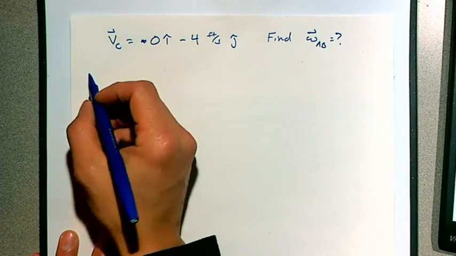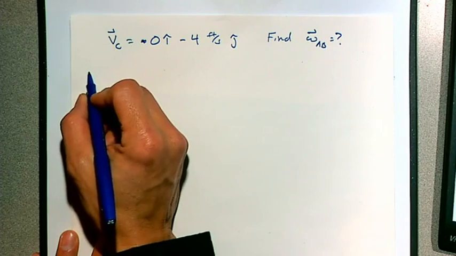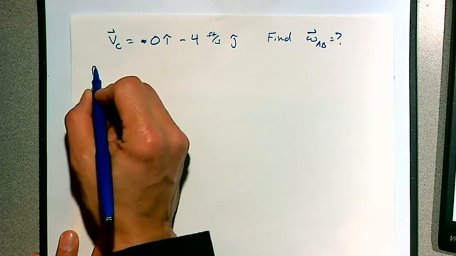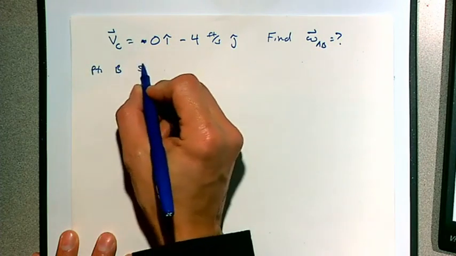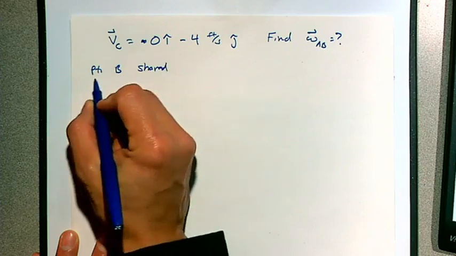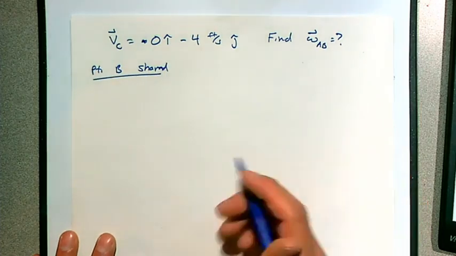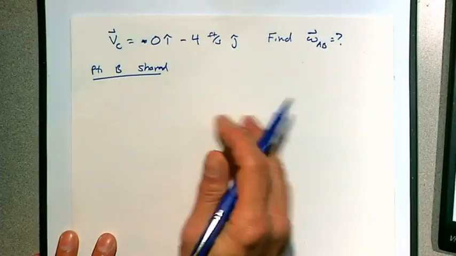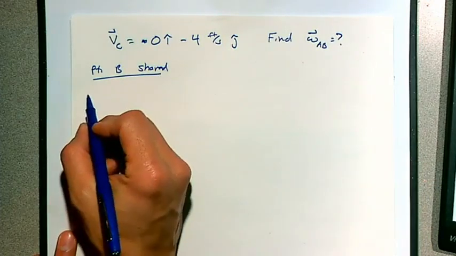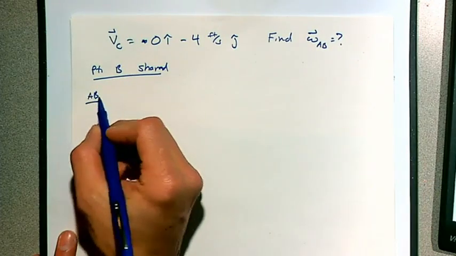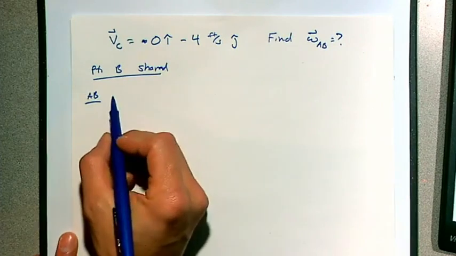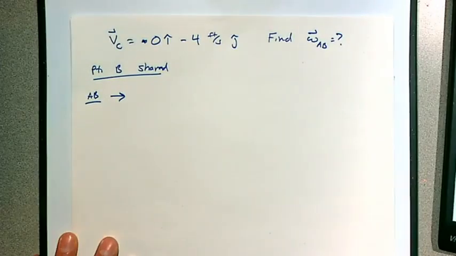So let's start where we know things. Point B is shared, so we want to write expressions for point B. From bar AB, we'll work to the right towards B. From point C, we'll work back to the left towards point B.